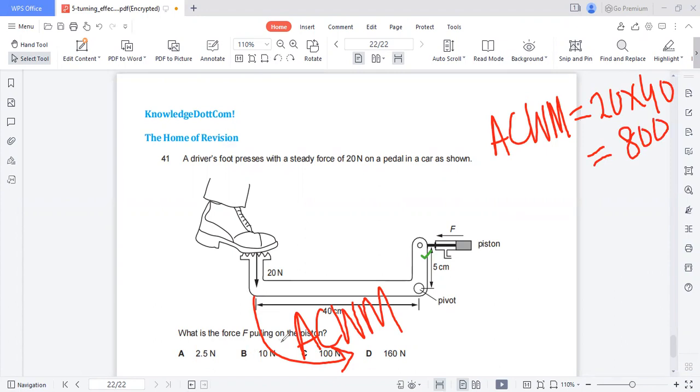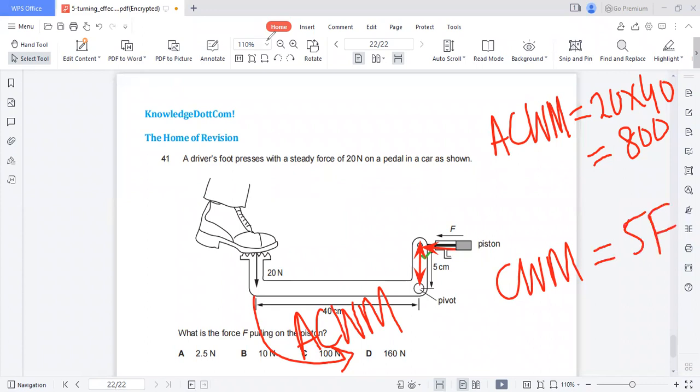What is the force F pulling on the piston? Now the pivot is here. The perpendicular distance from here to here is 5 centimeter, and the force acting on it is F. So the clockwise moment is 5F.